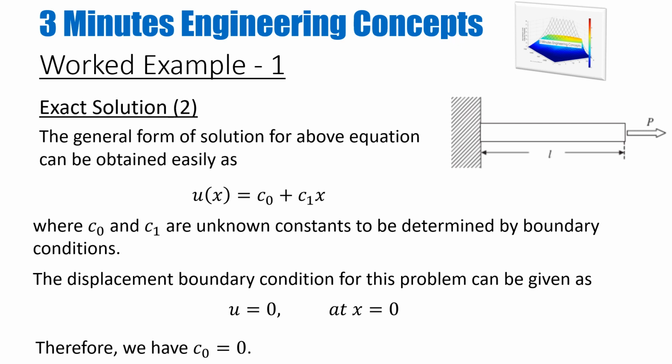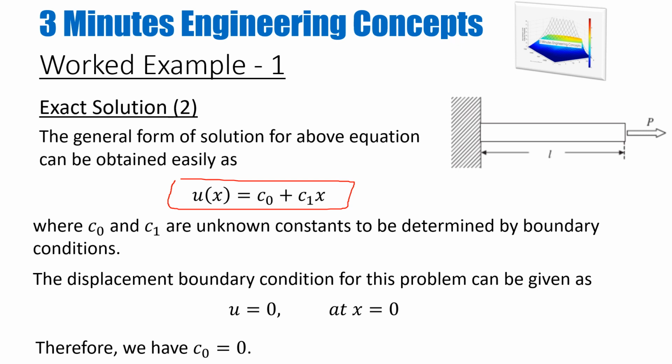So going back to your differential equations, the general form of solution for such a second order differential equation can be easily found using the integral form, and that's basically u(x) equals c0 plus c1x, where you are taking the integral twice, and c0 and c1 are unknown.